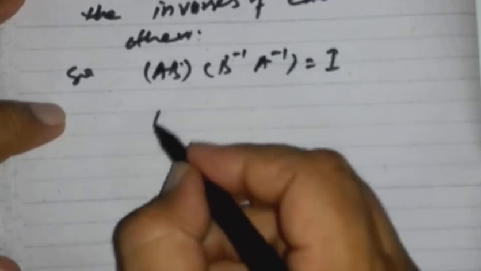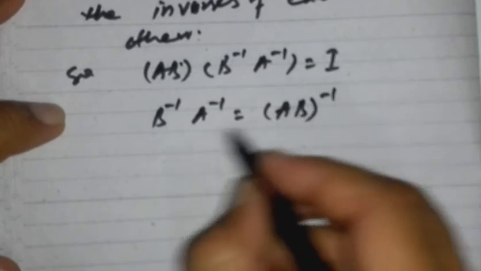So AB into B inverse A inverse equals I. Shift this to the right side: B inverse A inverse equals (AB) whole inverse. When we shift it from the left side to here, its power becomes -1. This is what we wanted to prove, and we have proved it.